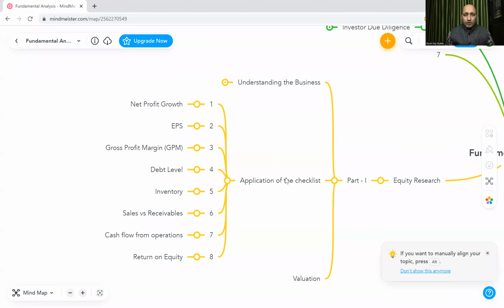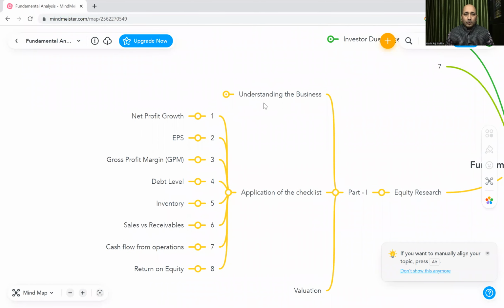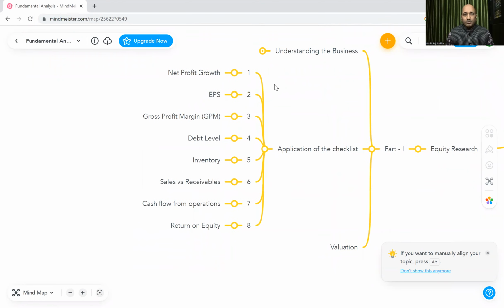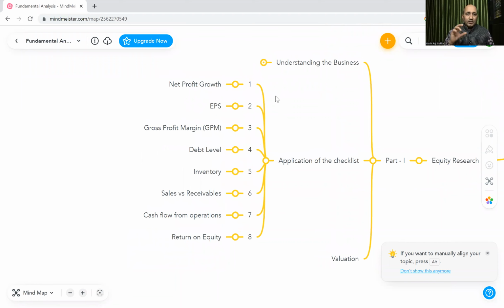So let us screen. First we have understanding the business. If this first stage is okay, then we go to the second stage, application of the checklist. In this, we will see net profit growth.